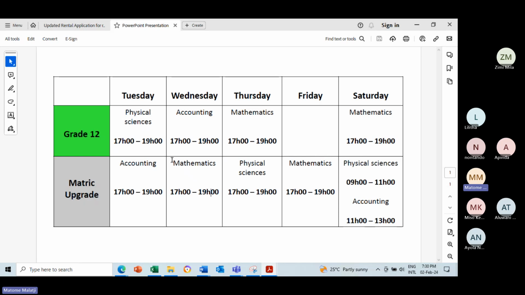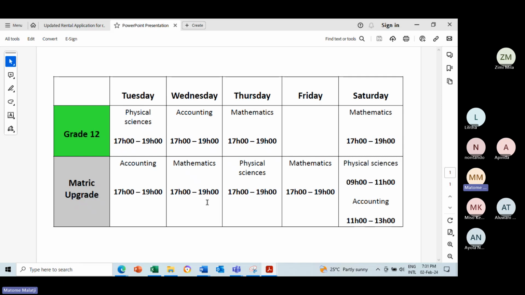The lessons will be running from 5 o'clock. The reason why we chose 5 o'clock is because we understand that some of you are attending your schools. So you go to school each and every day, and you probably come back at 4 o'clock or after 3 o'clock.